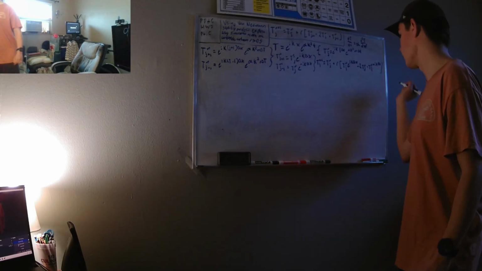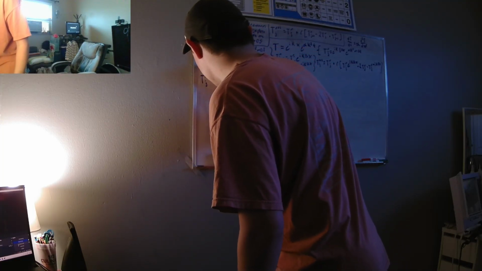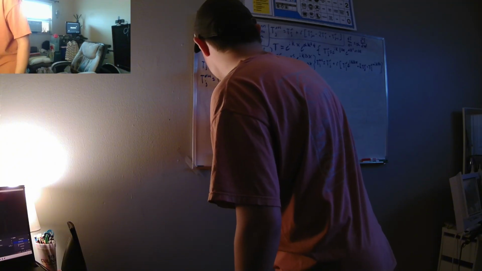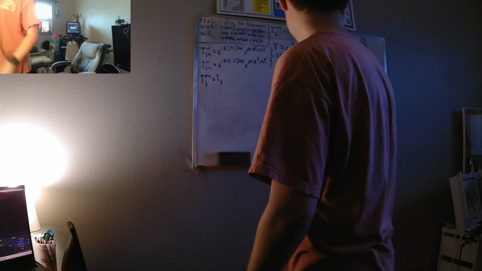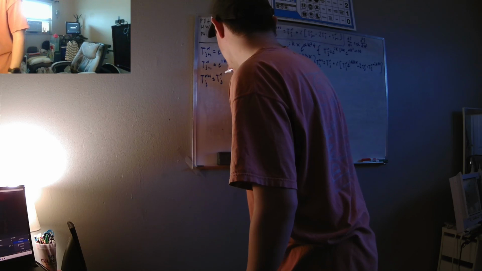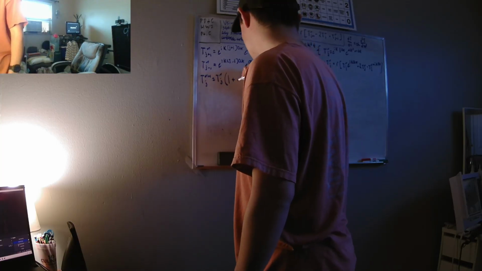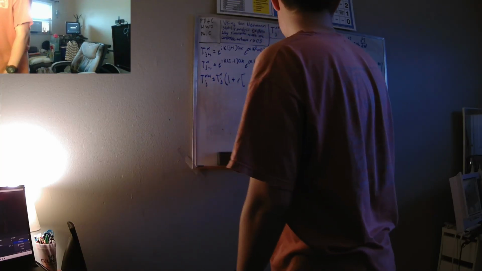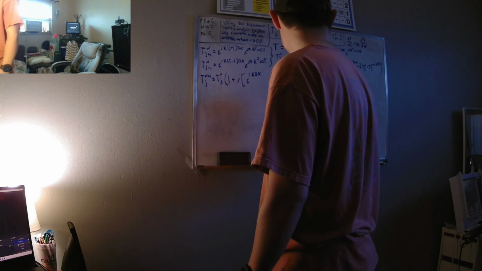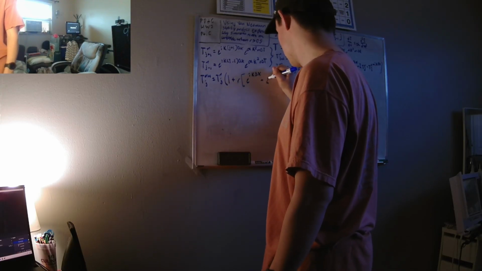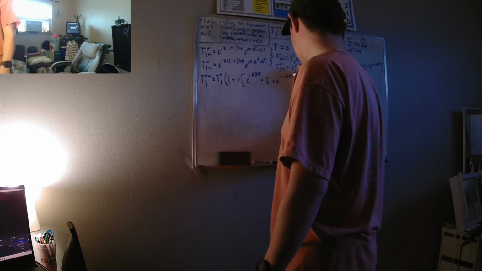If we pull out our T j n, we finally get our T j n plus 1 equals T j n all times 1 plus r times e to the I k delta x minus 2 plus e to the minus I k delta x.